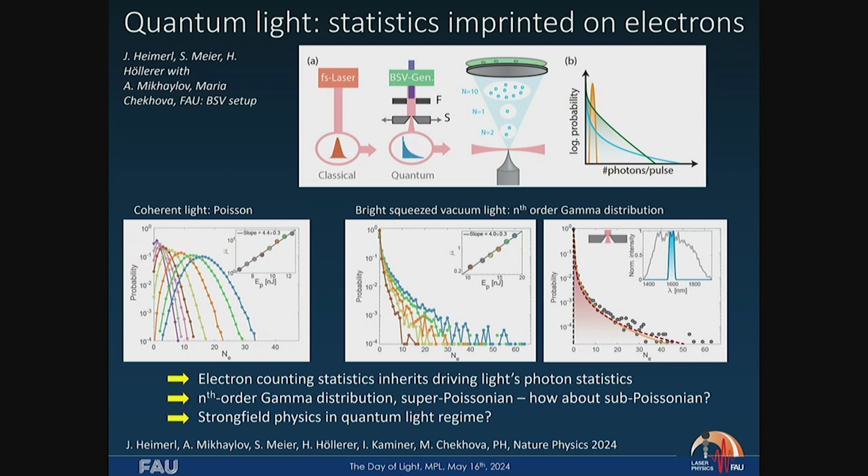Thank you, perfect. That's an excellent question. You see here, when we look at the slope, in both cases, this is the pulse energy, and this is the mean number of electrons we get out on a semi-log scale. So the slope gives you the exponent. And like we would expect, this is a multi-photon process. The slope tells you right away how many photons you need on average to get one electron out.